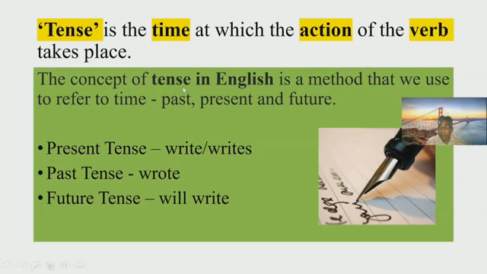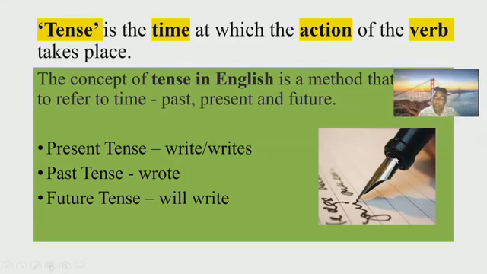So the concept of tense in English is a method that we use to refer to time, past time, present time, and future time. So to make it very clear, I present a picture here. So here you find a pen and something is being written.